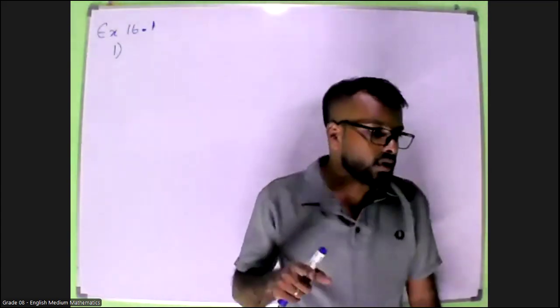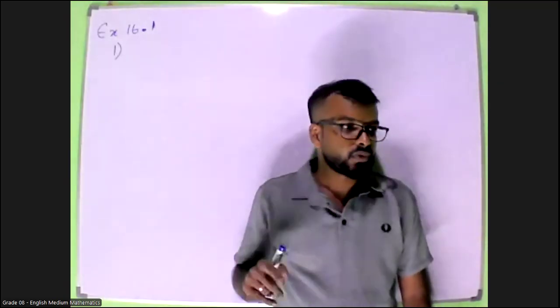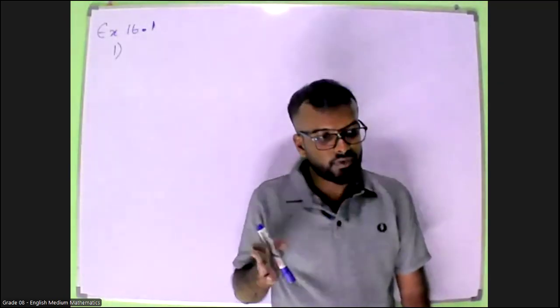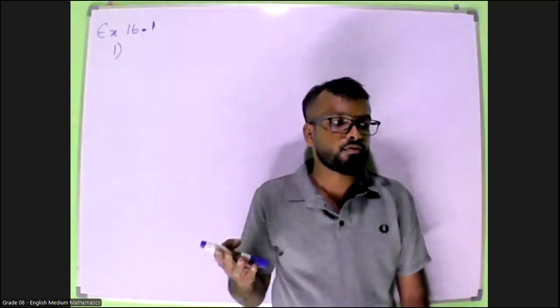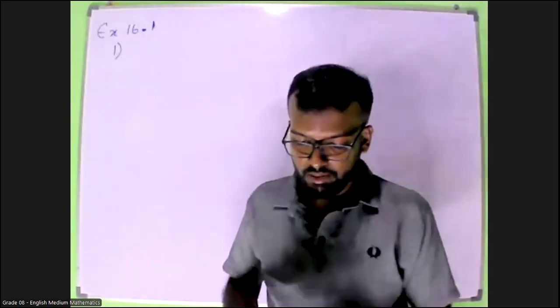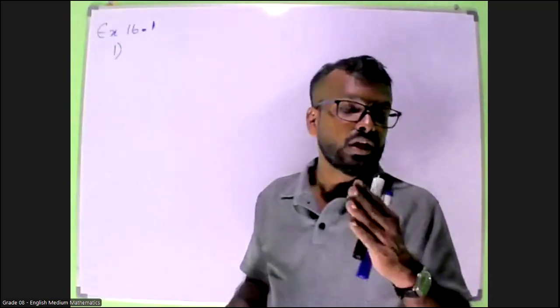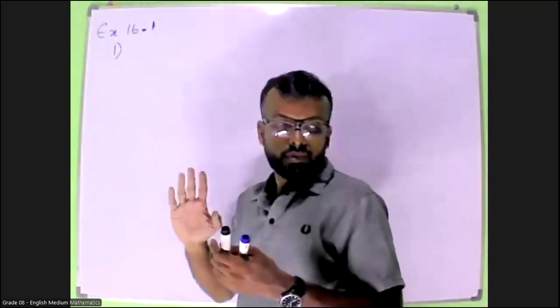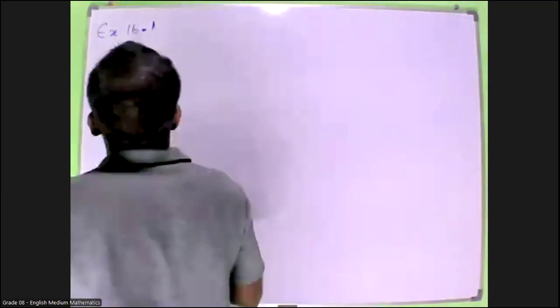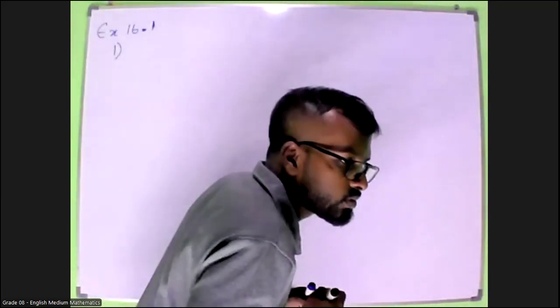Sudesh and Rahim shared some money. Sudesh received 450 while Rahim received 500 rupees. So that is the first thing to be written in the question, right? What are the two people? Sudesh and Rahim.